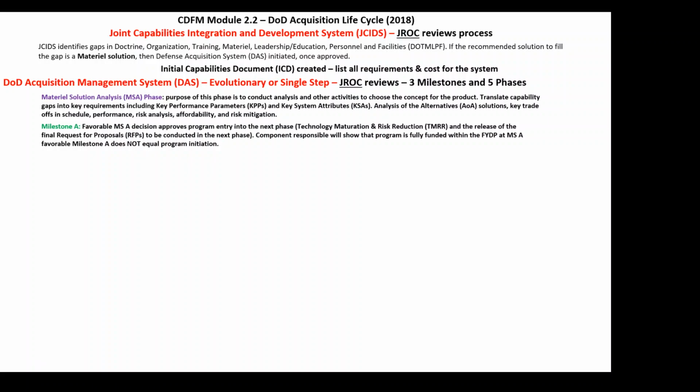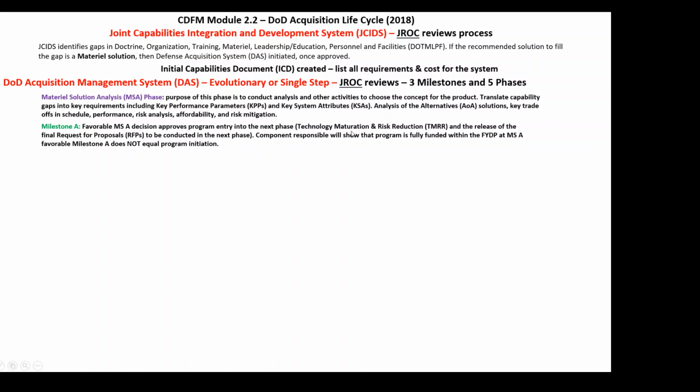That's when we start asking for contracts. So we need to make sure that we know exactly, material solution analysis tells us exactly what this material needs to do. And then we need to have an approval process by the milestone decision authority about what we need to request in the contract to be conducted in the next phase.